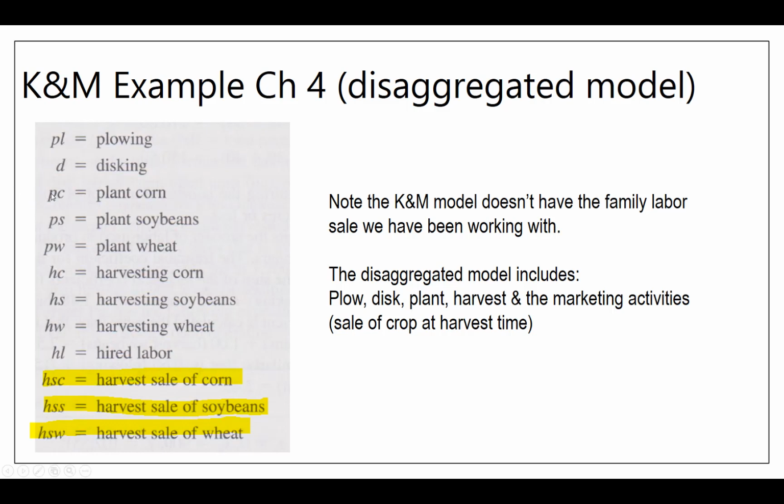We've looked at corn versus soybeans versus wheat over and over in several different ways, but the real nuance to this model is that they have the plowing followed by the disking, followed by the planting options, and then when you finish planting, you move over to harvest, and then once you've harvested a crop, you can choose to sell it at harvest, and that's as far as it goes. There are no marketing options beyond sale at harvest in their setup.